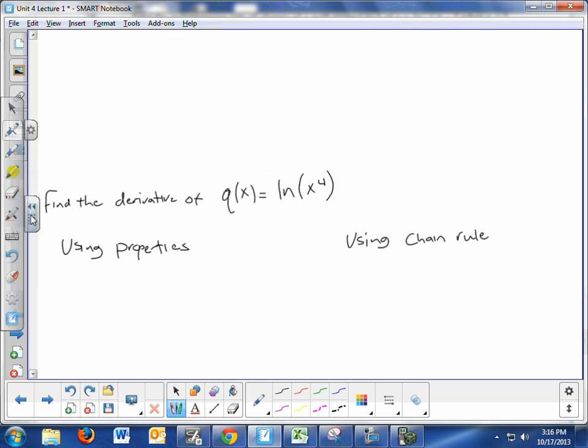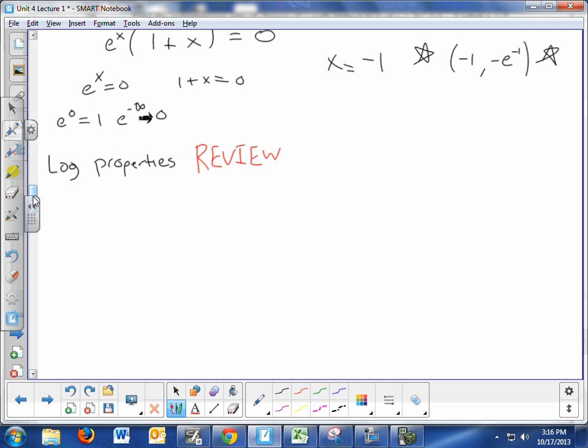Now, moving into finding the derivative of log functions, we need to review some log properties. Some ones that you probably remember: if we're taking the log of two things being multiplied, does anybody remember what you could rewrite that as?